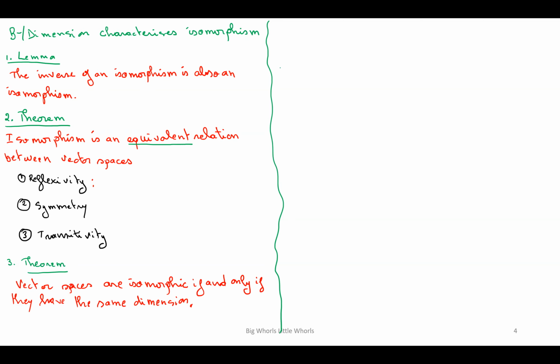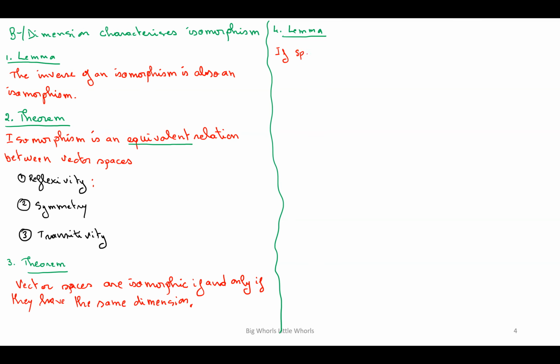Let's see another lemma. Okay, so basically that's a consequence of what you have just said, or another way of saying what we have just said in the previous theorem.